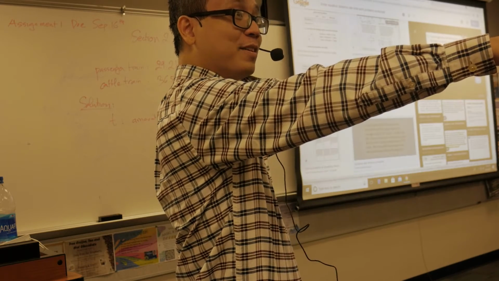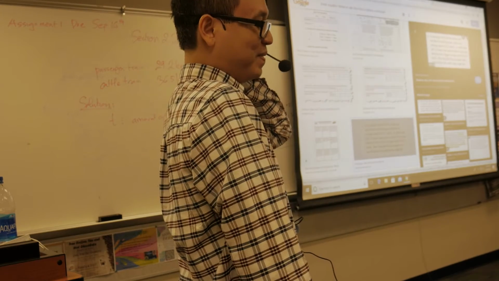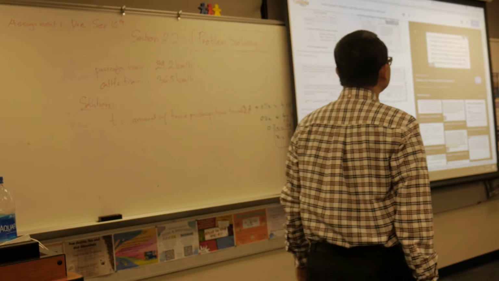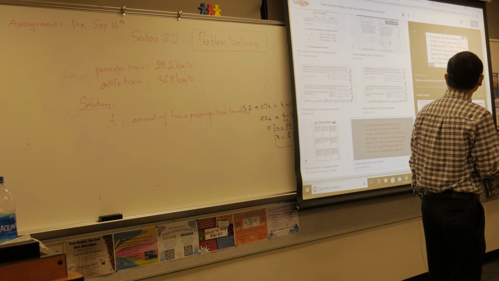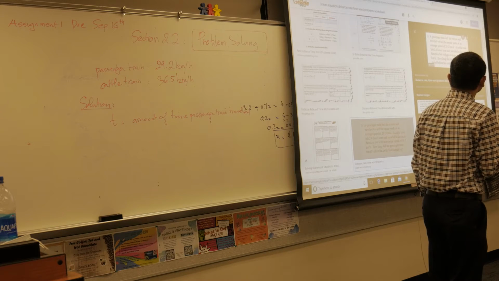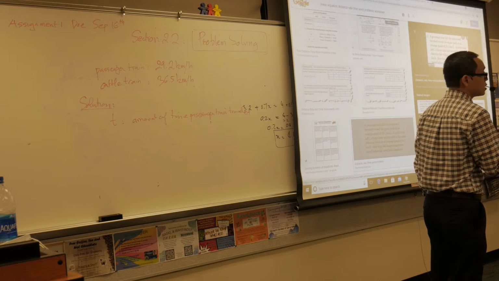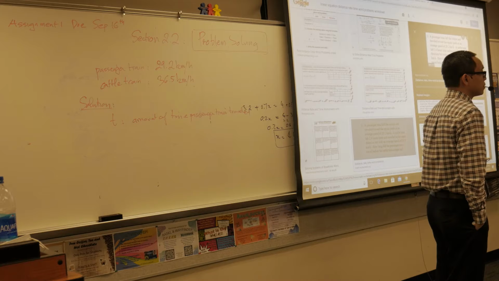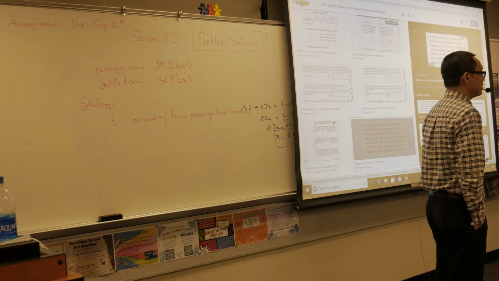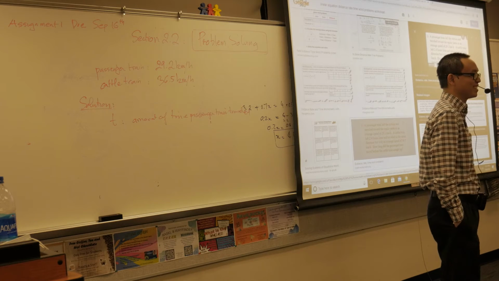So if you add it, think about that. 2.4 hours later means the amount of time the cattle train travels should be less or more?